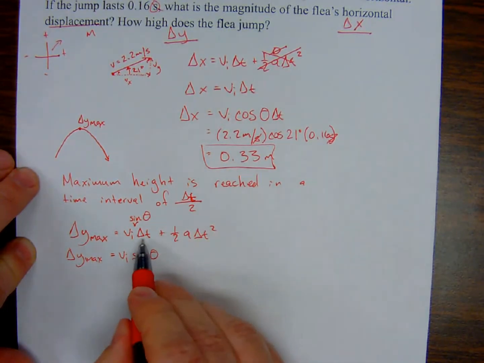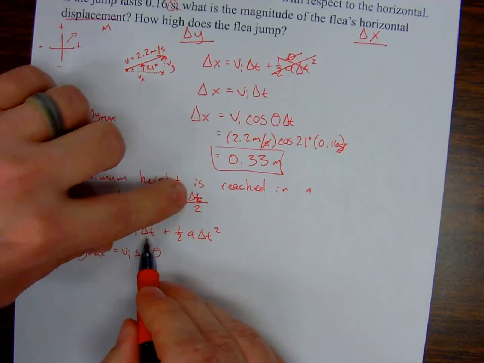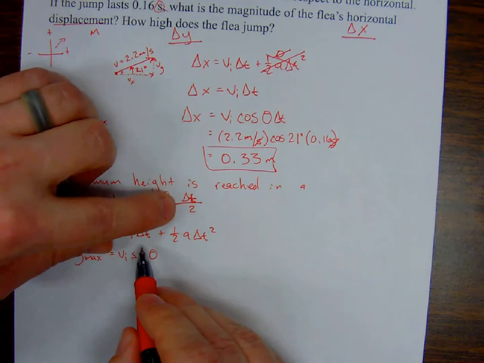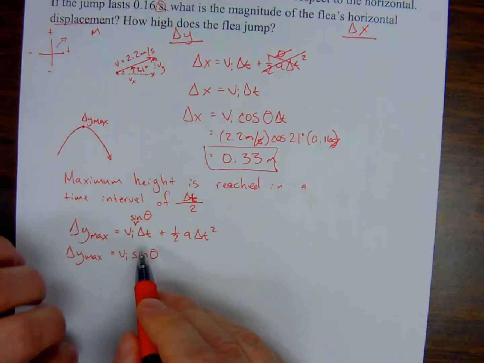I'm going to be using this delta t divided by 2 squared. Because we're going for y max, and y max occurs at half time.